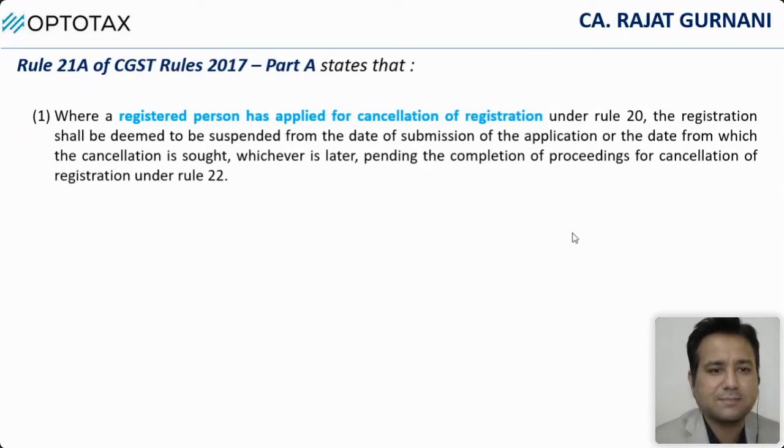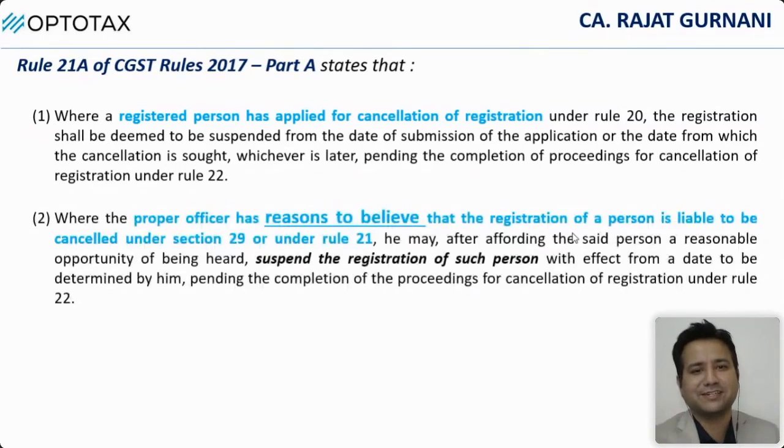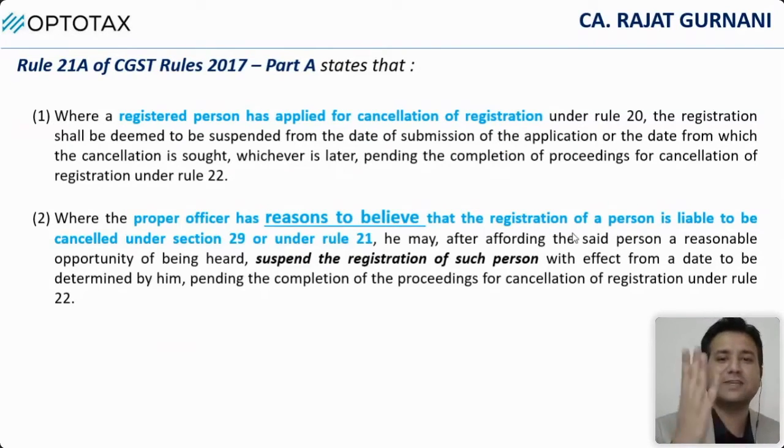Where a registered person has applied for cancellation of registration, that's okay. This is the most important point. Please read it carefully. Where the proper officer has reasons to believe that the registration of a person is liable to be cancelled under section 29 or under Rule 21, which we discussed just now.